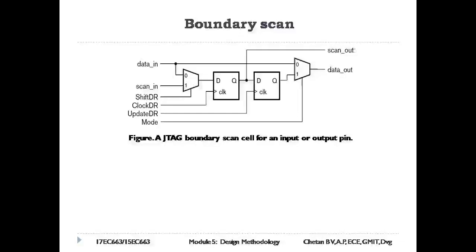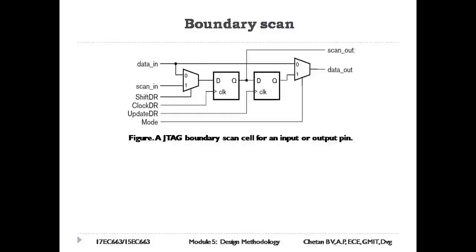The TAP controller operates as a simple FSM, changing between states depending on the value of the TMS input. Different states govern shifting of data into the instruction register or one of the data registers, including the scan chain.